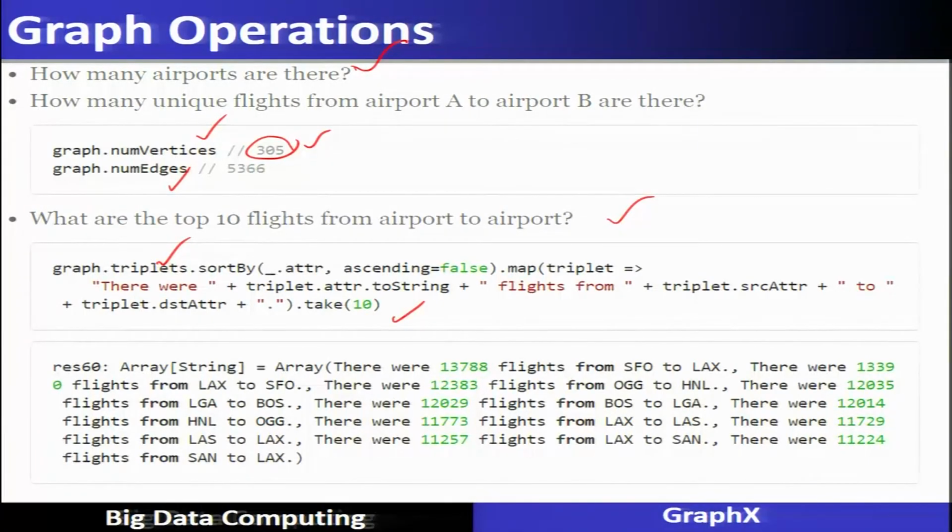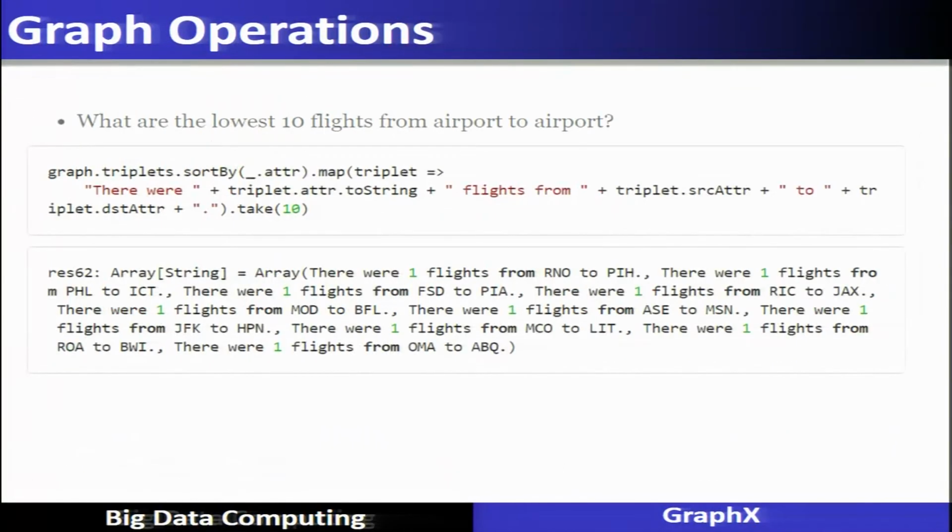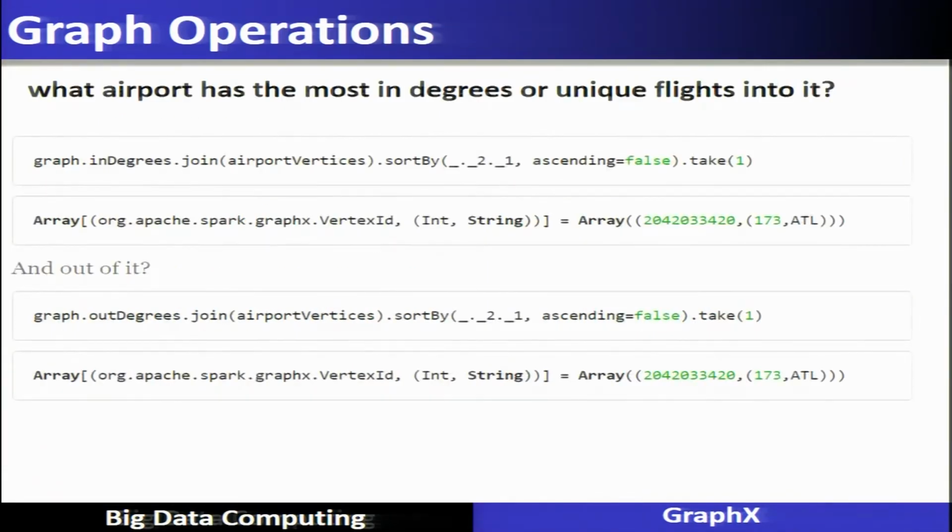We can see here that there are so many flights from source to destination, and by taking the triplets and sorting, we can easily get this information out of this graph. What are the lowest 10 flights from airport to airport? Using the same triplets and sorting in descending order, we can obtain this data also.